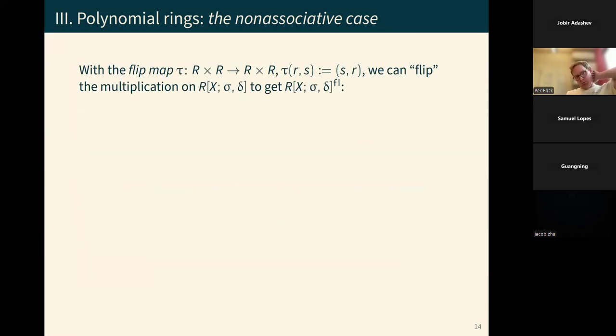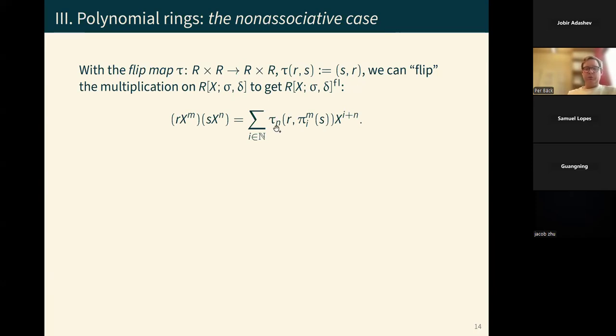Okay, so the flip map is a map which flips two entries. And I can now flip my multiplication in my generalized polynomial ring. So I will denote a generalized polynomial ring with a flipped multiplication with an FL as an upper index here. And the product on these kinds of rings is defined like this.